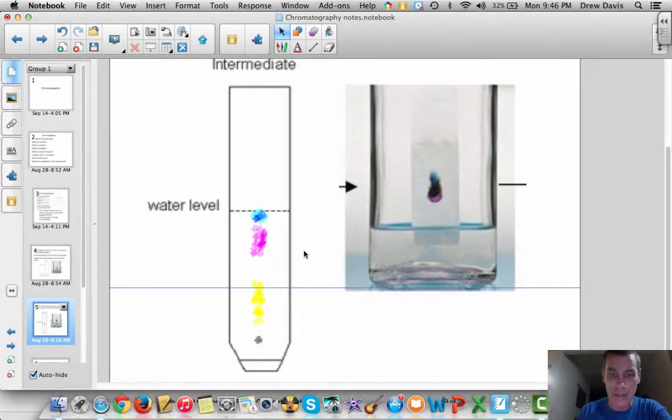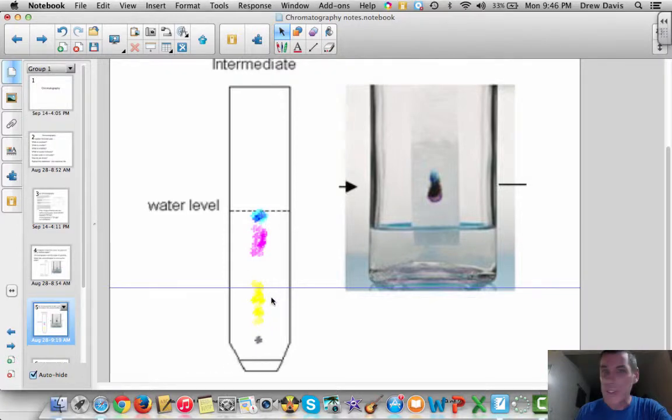If we look at these two diagrams, here's my original sample down here. I have a yellow component, a pink component, and a blue component. And here's where the water is. You can see that the blue component has stayed right close to the water level. That means that the blue component dissolves really well in water, and so as the water moves, the blue moves with it.